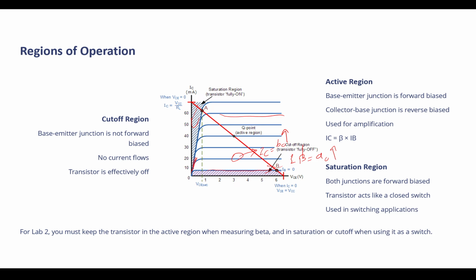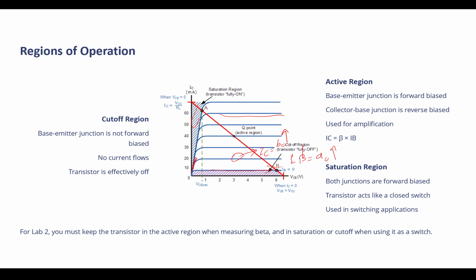That gives this BJT a very interesting characteristic, which we can define as amplification. And the interesting part is that for each specific BJT model, the ratio by which an increase in IB creates an increase in IC is constant.